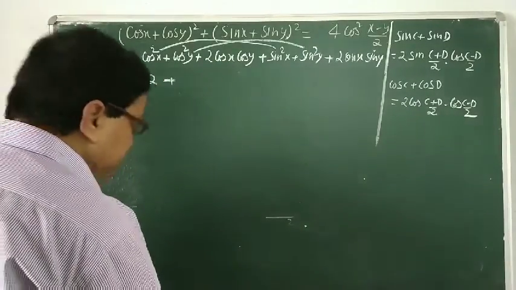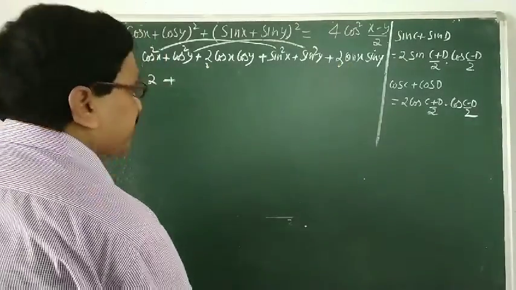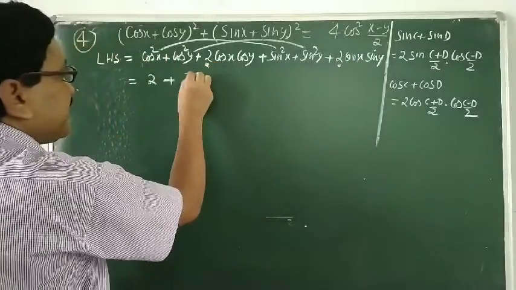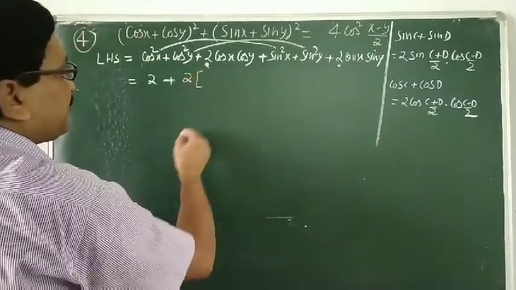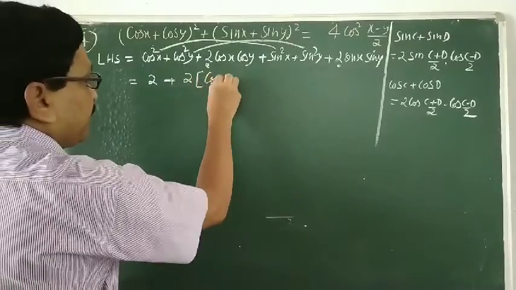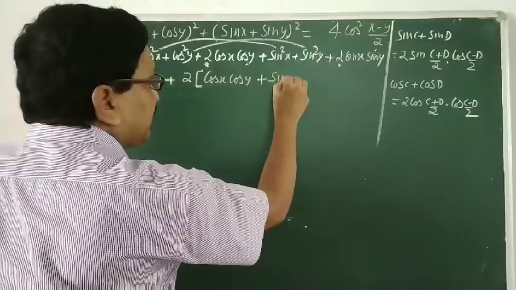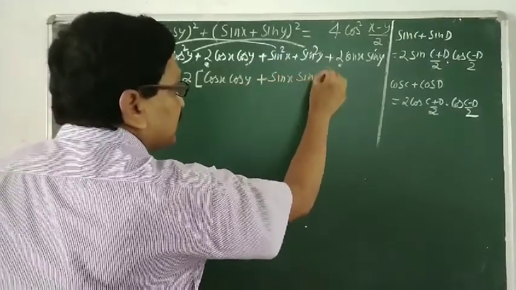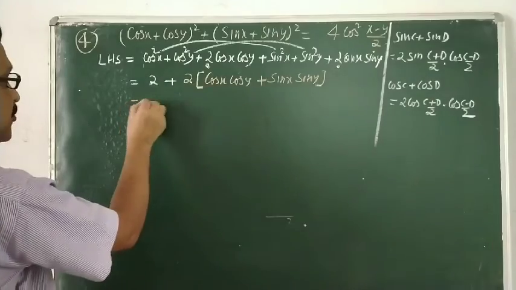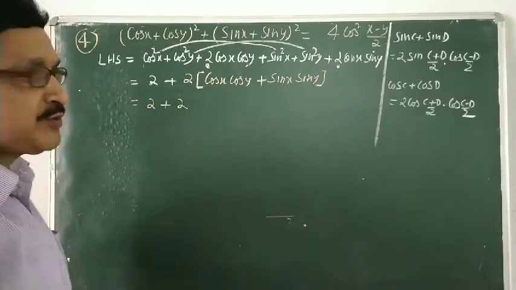Now from these two terms take 2 common, the product of two trigonometric functions. We are left with cos x cos y plus sin x sin y. So now this is 2 plus 2 cos A into cos B plus sin A into sin B.